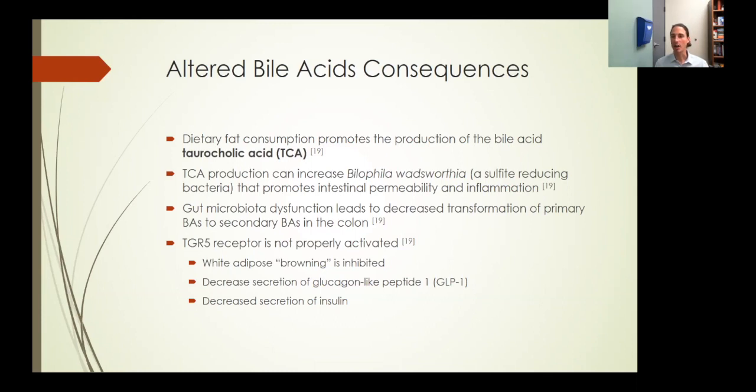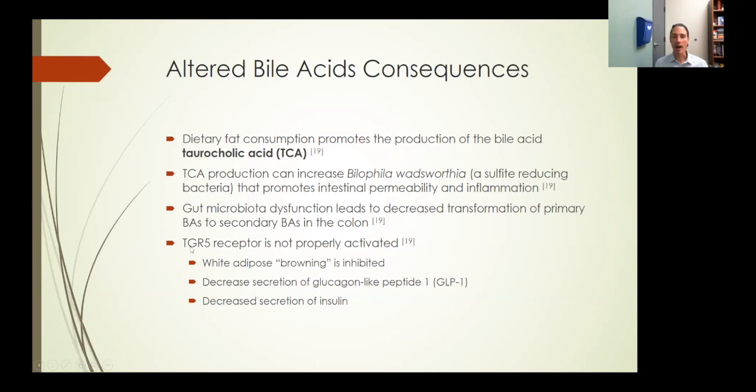This is a sulfite reducing bacteria that promotes intestinal permeability and inflammation. So what this slide is saying is that those who overconsume fats are likely to produce this particular bile acid, taurocholic acid, TCA. TCA is likely to increase Bilophila wadsworthia, which promotes intestinal permeability, and that intestinal permeability can lead to inflammation in the system.